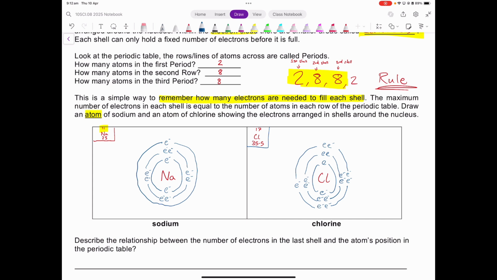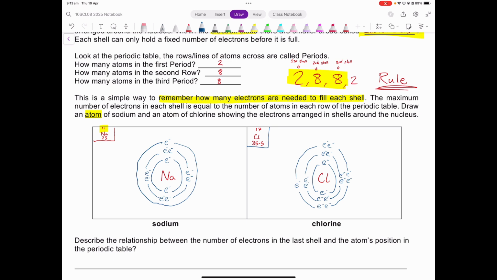You've got 20 more seconds. Five, 4, 3, 2, 1. All right, so our answer for chlorine should look a little something like this.